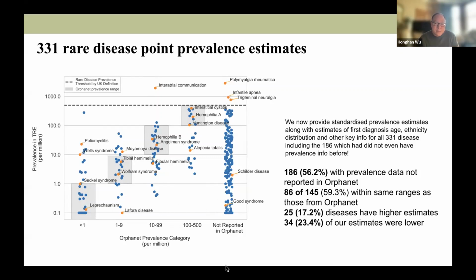The right-hand column, about 186 diseases, are ones for which we don't have prevalence data in the literature, but using our 58 million people data we can report for the first time their prevalence in the English population. So using real-world data, we can derive much more detailed and, to our confidence, more accurate estimates compared to most studies reported in the literature to this day.